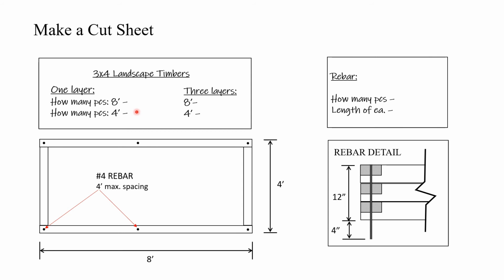How many 4-foot pieces you need for one layer, multiply it by 3, and it'll give you how many 4-foot pieces you need. Same thing with the rebar. How many pieces and the length of each piece. Now, let's pause the video and take a piece of paper and just jot this information down, and we'll fill it in a second.